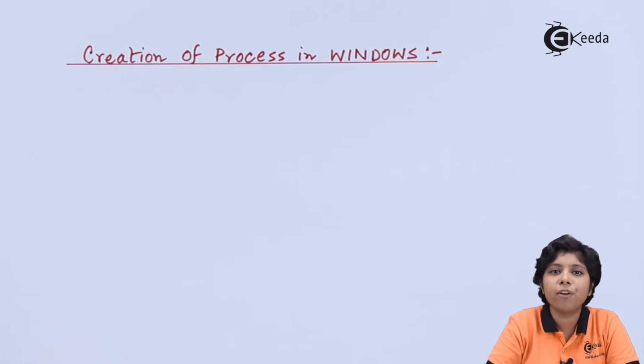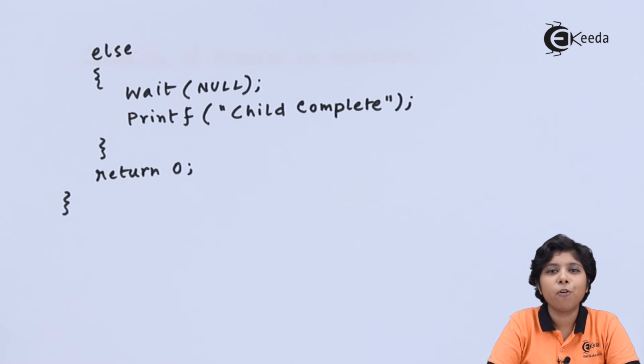Now there is no way to prevent the child process from executing in the parent process's address space as the new process, and it can be executed only in the parent process's address space. So to avoid this, let us see how process creation is done in Windows. Now before going to the Windows system call, we will see by a diagram how the fork system call creates the waiting call for the parent process.